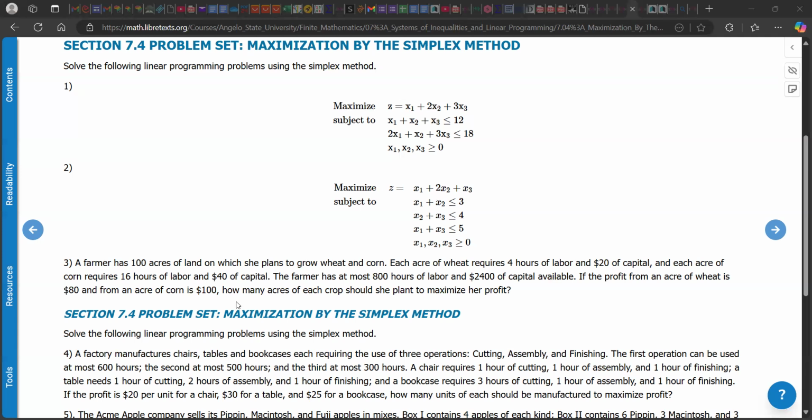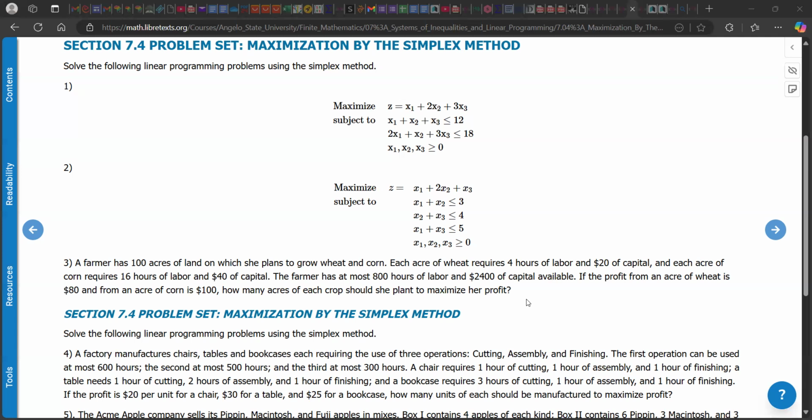Because sometimes these things, when you read them, are so wordy. By the time you reach the end, you want to know what you were reading at the beginning. So sometimes the information can be captured and summarized on a table, and you can make up your inequalities based on that. So watch that video to see an example of that.